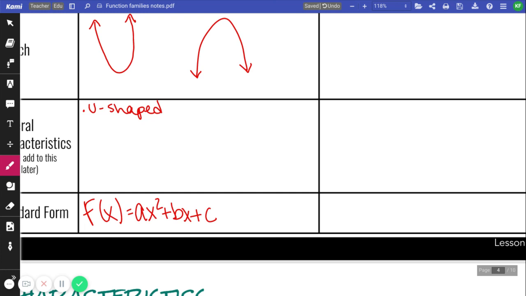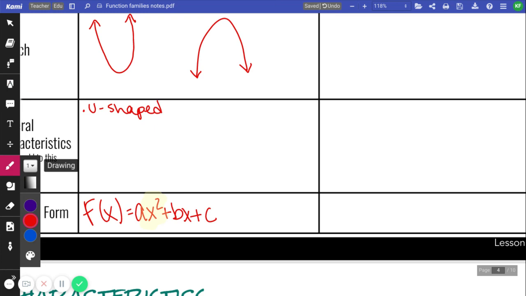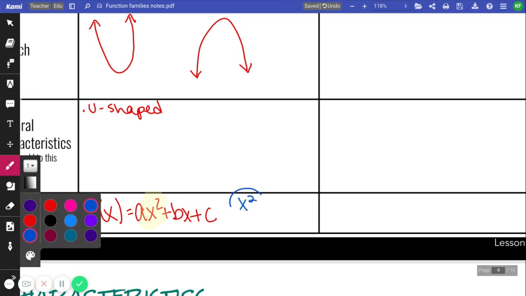The part that stays the same, that has to be there in order to make it quadratic, is the x squared. So if any function has an x squared in it, that is what makes the function quadratic. So x squared is what you're looking for to make sure the equation is quadratic.